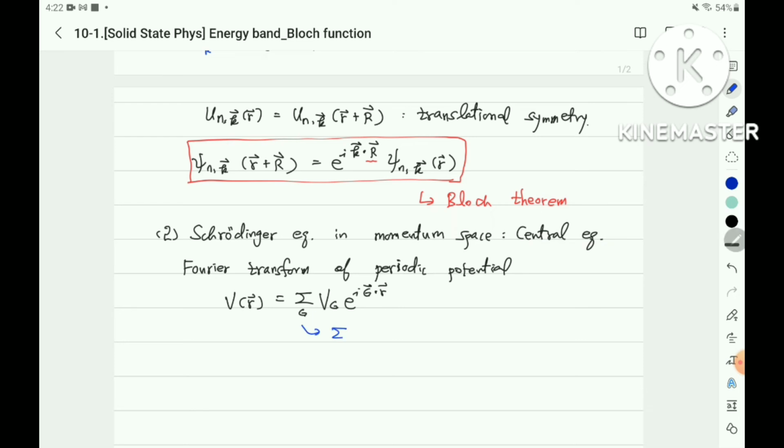Therefore, the summation over G, not an integral, means that the lattice vectors are not continuous but discrete Bravais lattice.